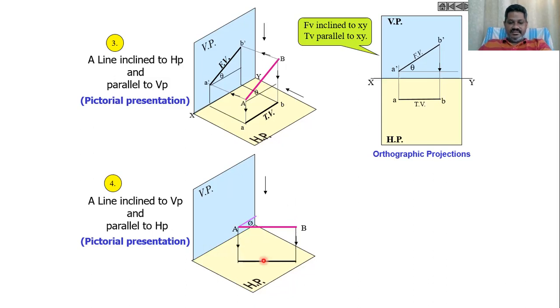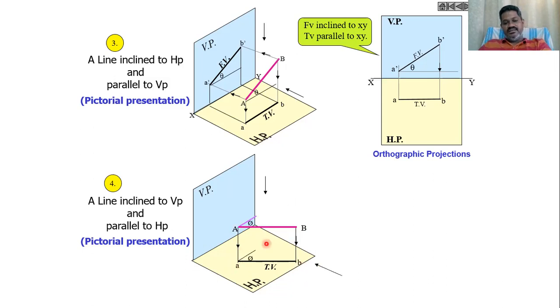Now the top view will be like this. The end A will be projected onto the HP and indicated as small a. The end B of this line will be projected onto the HP and indicated as small b like this. The angle is theta.